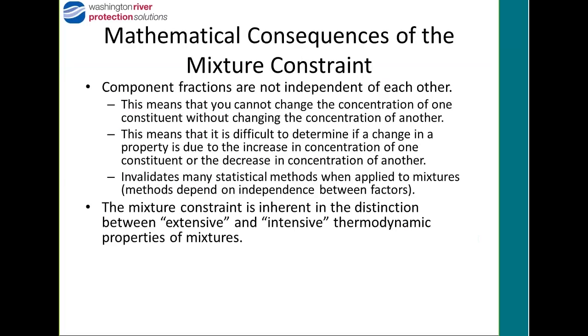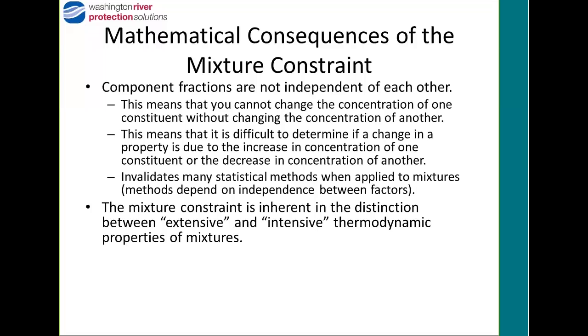There are a lot of mathematical consequences that aren't necessarily intuitive that come out of that. One of those is that you can't change the concentration of one constituent without changing the concentration of other stuff, because if you add some, you dilute out all of the other things. That means it's difficult to determine if a change in a property is due to the increase of one constituent or the decrease of another constituent. It just makes it difficult to work that out.